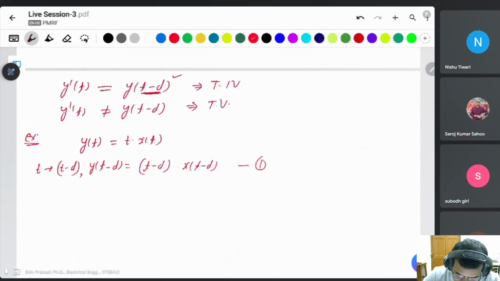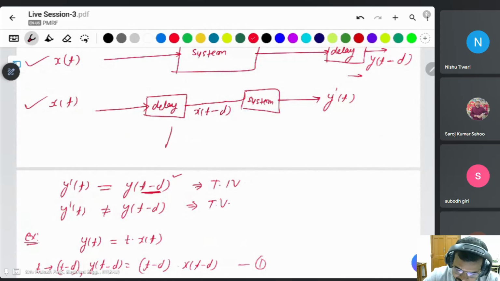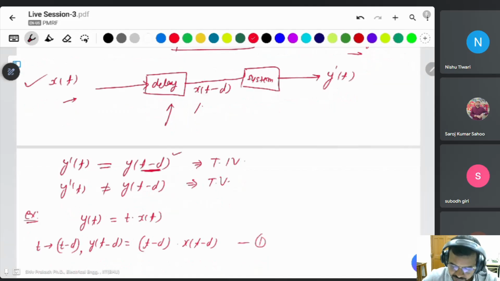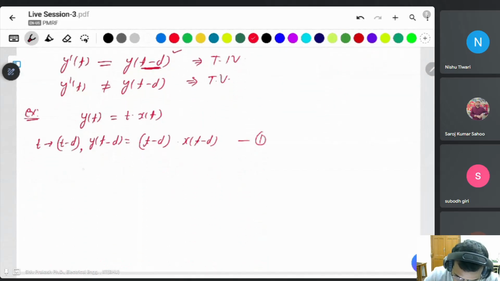Second thing, give some delay in the input only. This input goes to the system, and that output is known as y dash t.